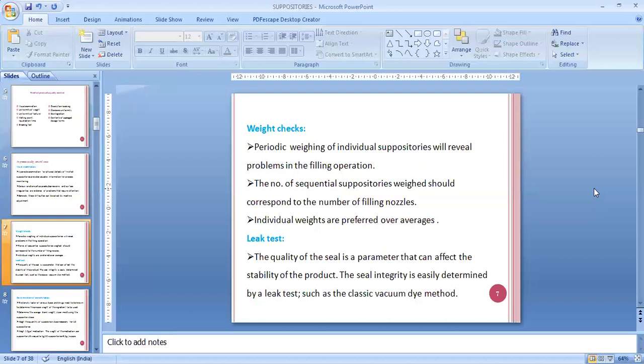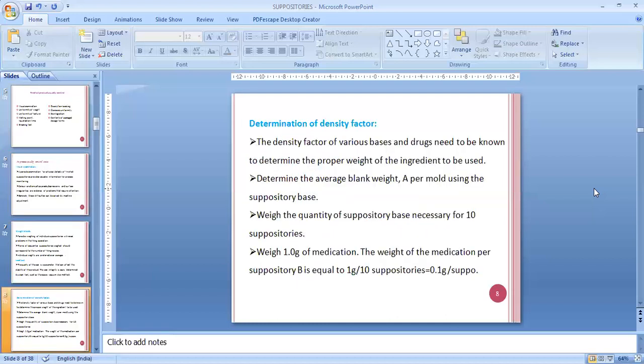Then what is the leak test? The quality of the seal is a parameter that can affect the stability of the product. Seal integrity is easily determined by a leak test, such as the classic vacuum dye method.